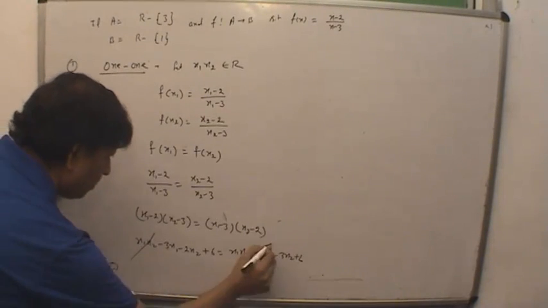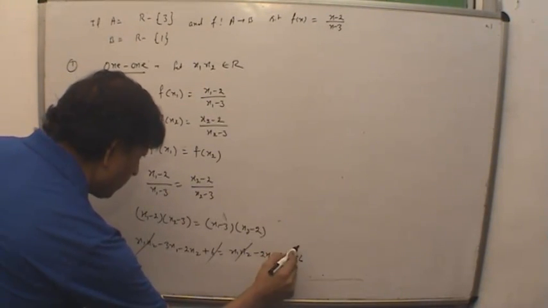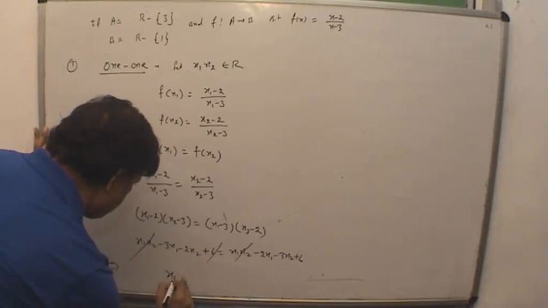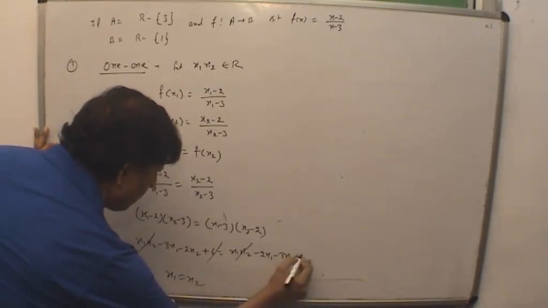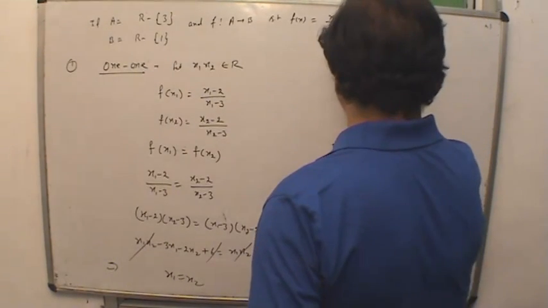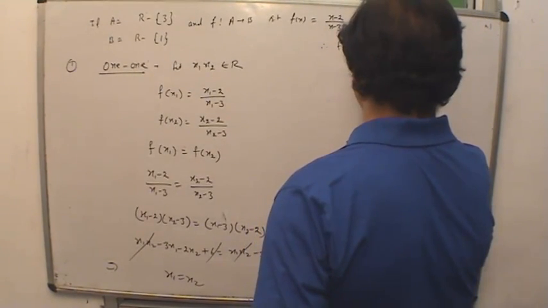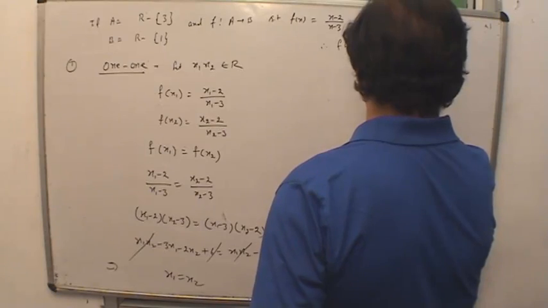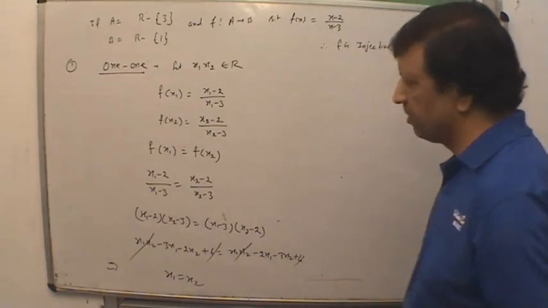If we solve this, we get x1 is equal to x2. Therefore we say f is injective, or f is one-one correspondent.